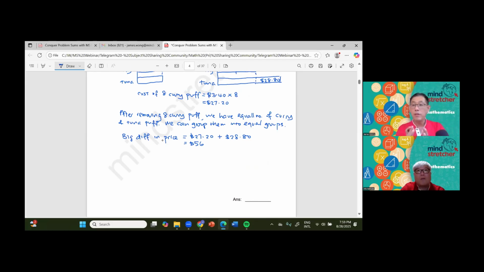So that's the big difference in the price. Now, how about the small difference in the price between 1 tuna and 1 curry puff? This one I can also easily determine. Small difference, between your tuna and curry puff.